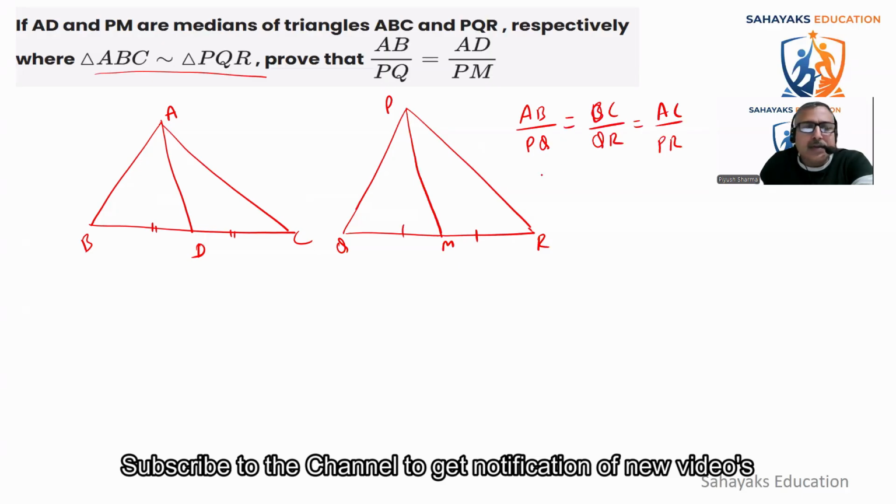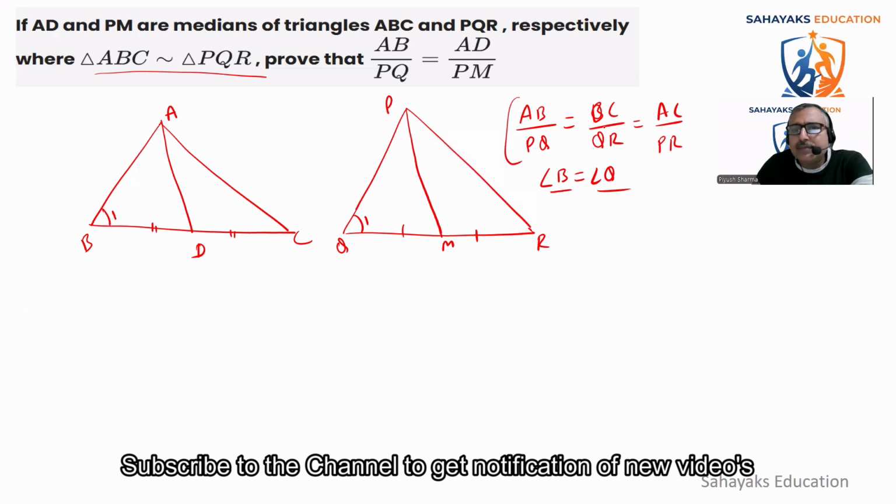And angle B is equal to angle Q. You have to prove AB by PQ is equal to AD by PM. Okay, we can do that. Because these two triangles are similar, these sides are proportionate and angle B will be equal to angle Q. So we can say this is angle 1 and this is also angle 1. These are equal because the 3 angles in a similar triangle are equal to the 3 angles of the other similar triangle.